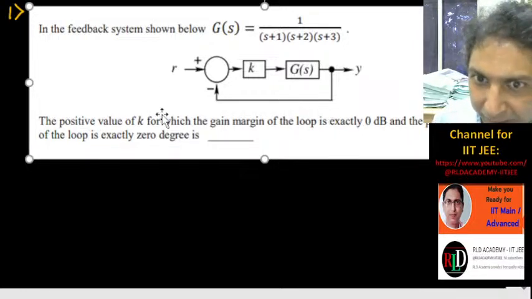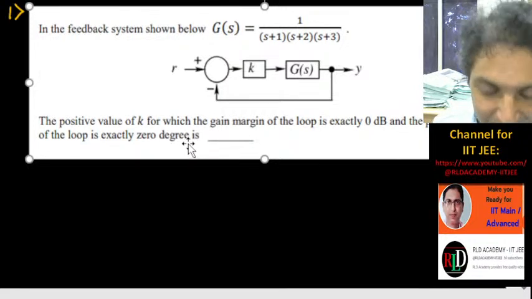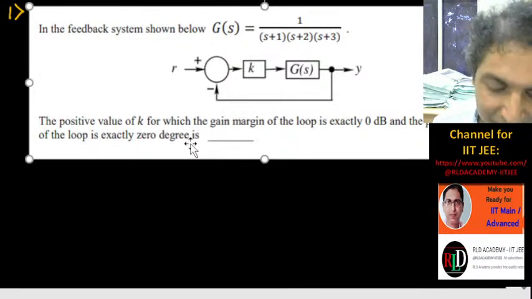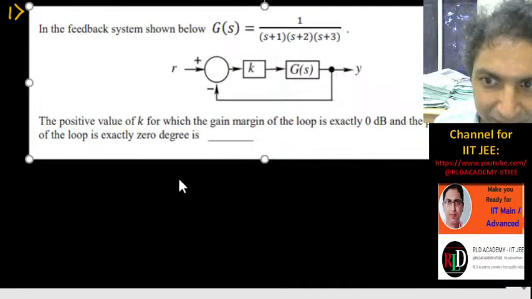It says the gain margin is 0 dB. There is no margin. Margin is 0. Again, phase margin is also 0. Means it is under critical condition, means conditional stability. In other words, I can say the closed loop poles are on the imaginary axis.